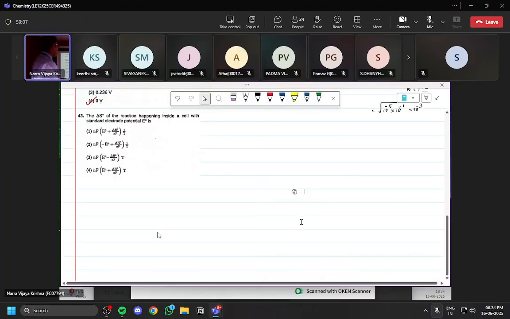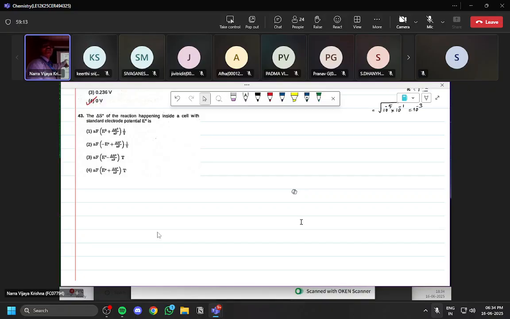Delta S naught for the reaction happening inside a cell with standard electrode potential E naught is. They want delta S. We derived this also.